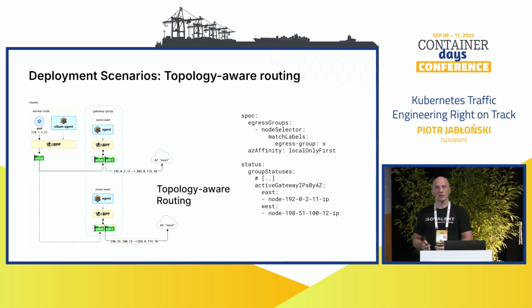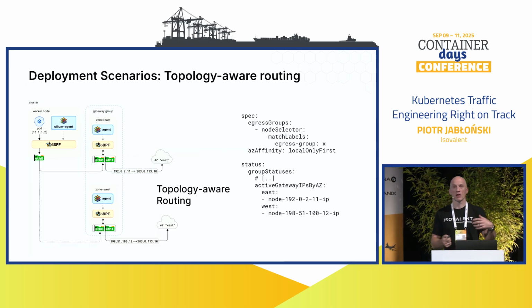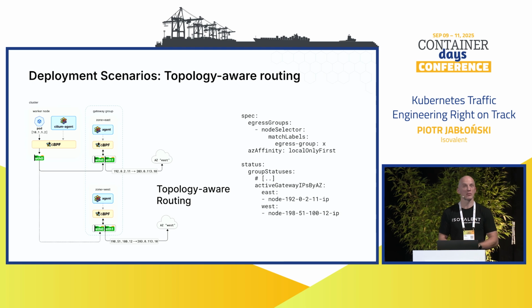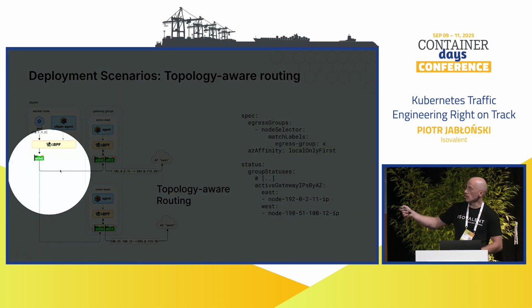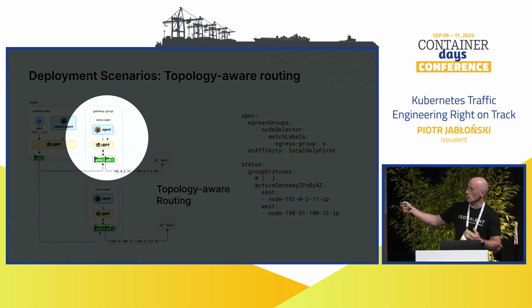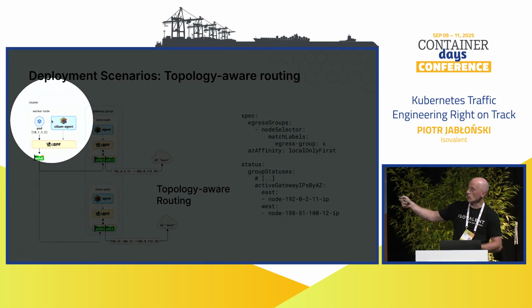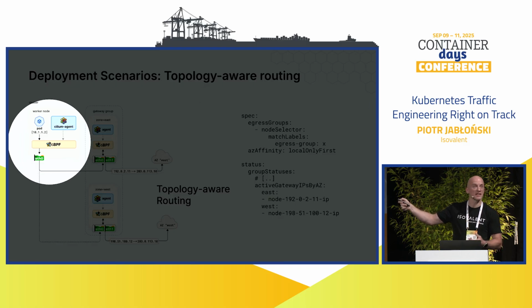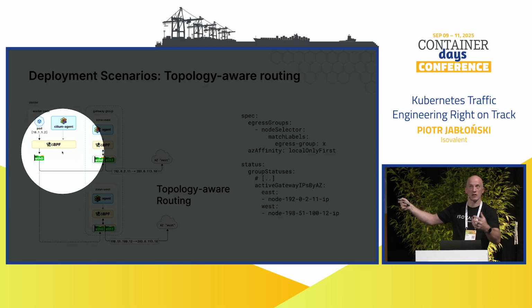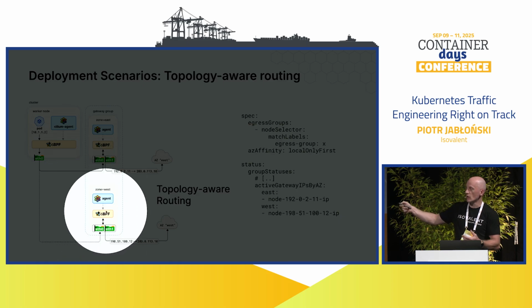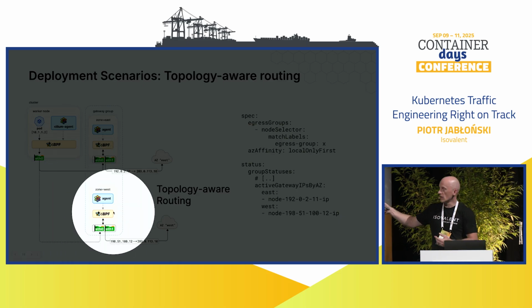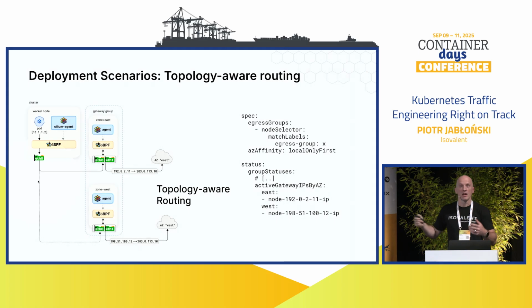Other part of traffic engineering is how we can make this solution more cost-effective. Why? Because let's imagine you have a cluster in the AWS environment where the pod is hosted on availability zone 1, and there is another availability zone, let's say west, east-west.